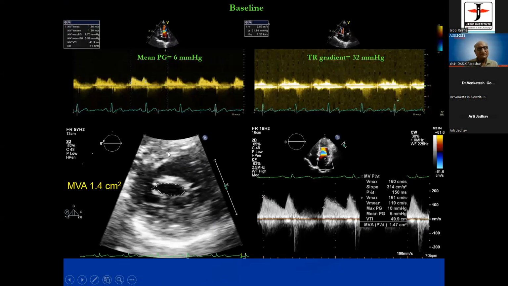For example, here you see the mean gradient is 6 and the TR gradient is only 32. And you see, this is the mitral Doppler. It has been traced, which gives rise to the mean gradient of about 6, and the mitral area of 1.4. So by planimetry and by the pressure half time, you are getting an area. So the mean is 6 millimeters mercury, and the TR gradient is hardly about 32.